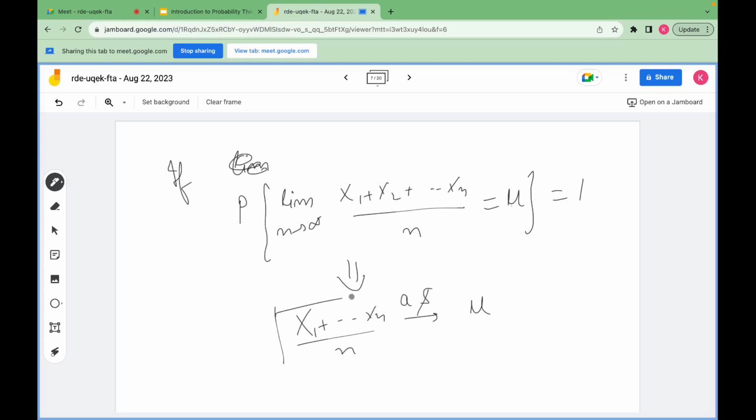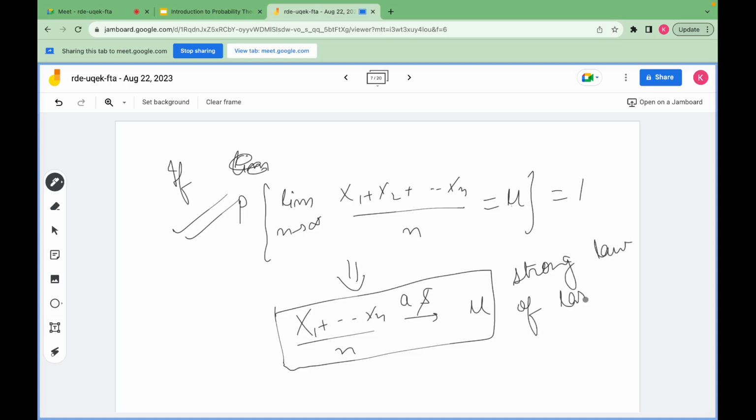So this is known as the strong law of large numbers.